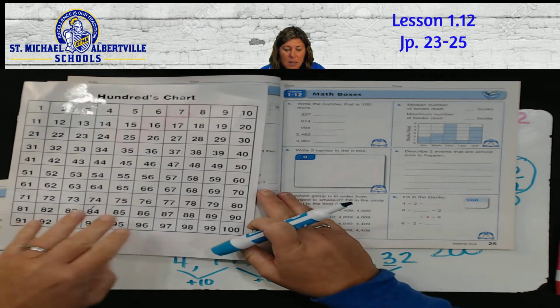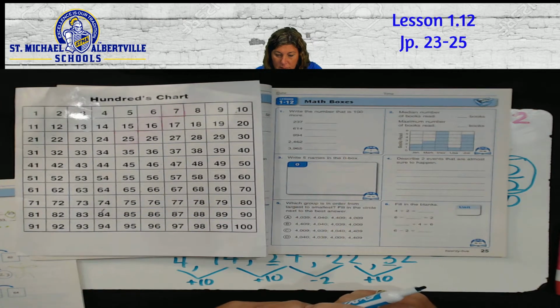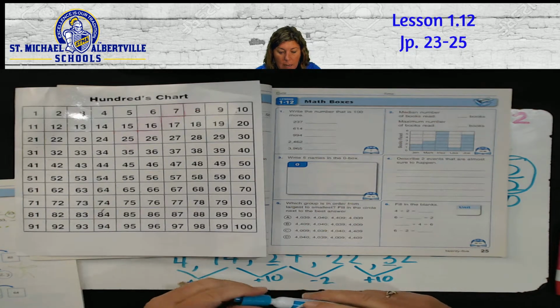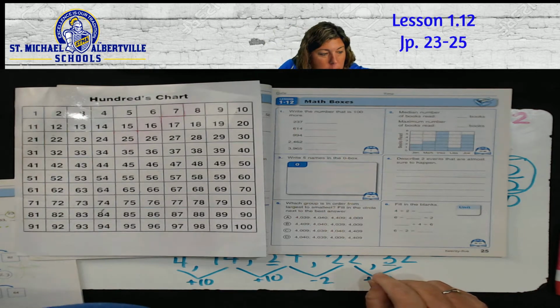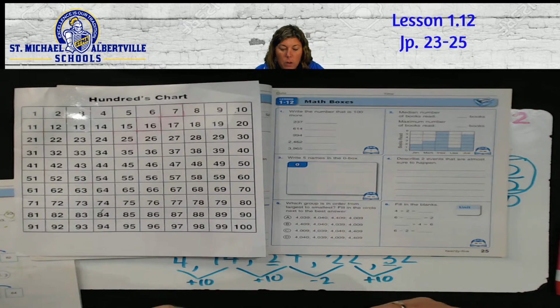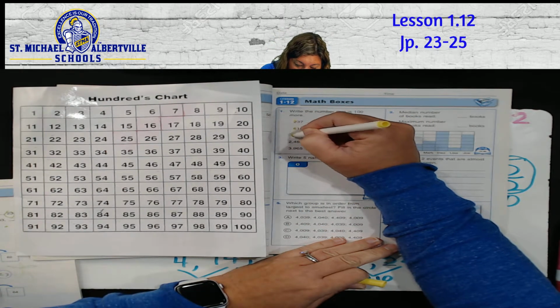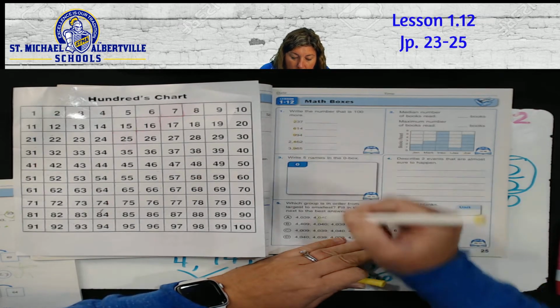All right, the last thing you have to do today is you have to do your journal on page 25. So it looks like you are going to be writing the number that is 100 more. All right, so what I always tell kids is go through, find that 100 spot and highlight it. That's the one that's going to be changing.